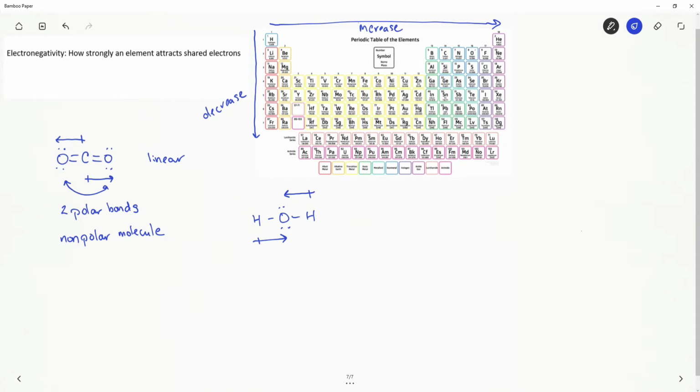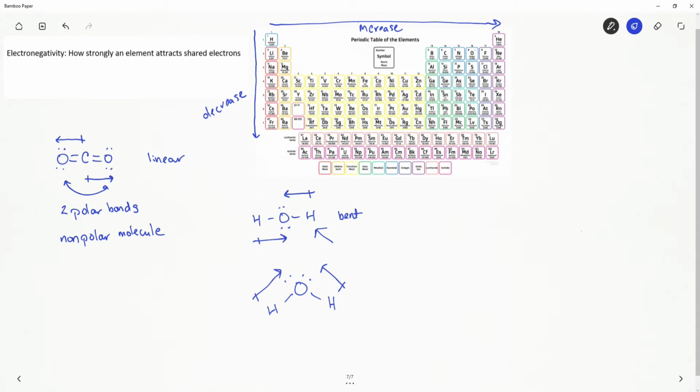What is the shape of this molecule based on our VSEPR model? Well, its shape is bent. The way we have drawn it here does not represent the molecule in 3D space very well. So we need to redraw it to represent better what it looks like in 3D space. This is a much better representation of what water looks like in 3D space. Now let's put in our polar bonds.